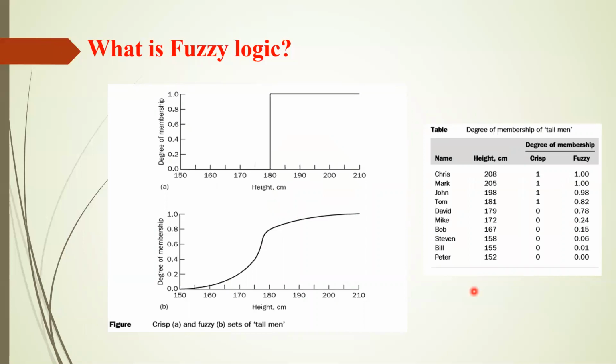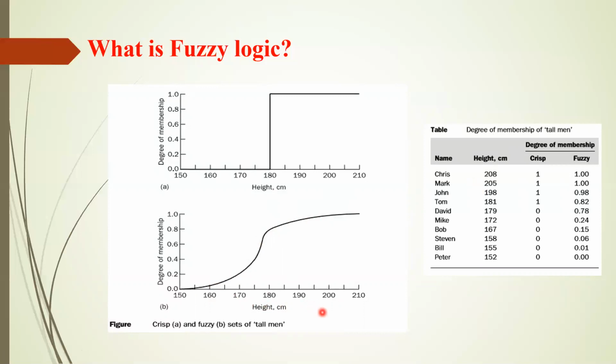A fuzzy set is capable of providing a graceful transition across a boundary, as can be seen in this figure. The horizontal axis in this figure represents the universe of discourse, or you can say the range of all possible values applicable to a chosen variable.